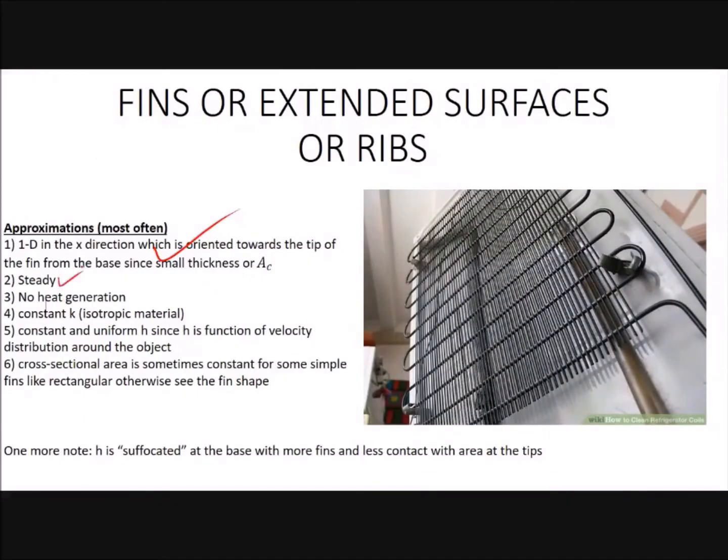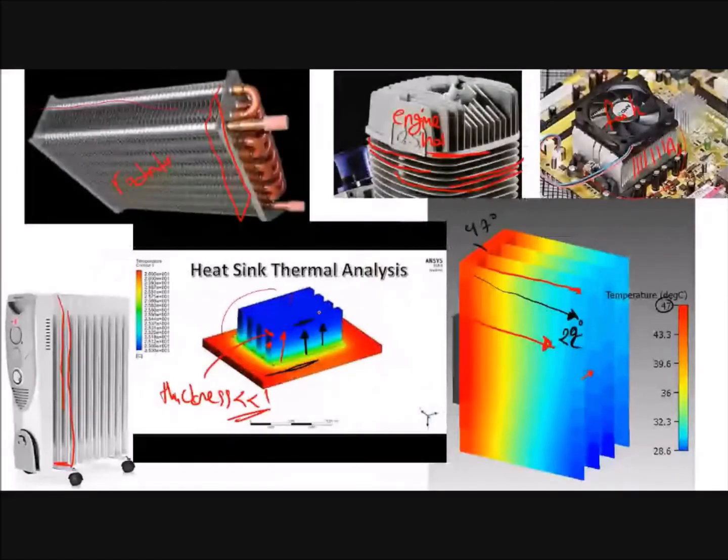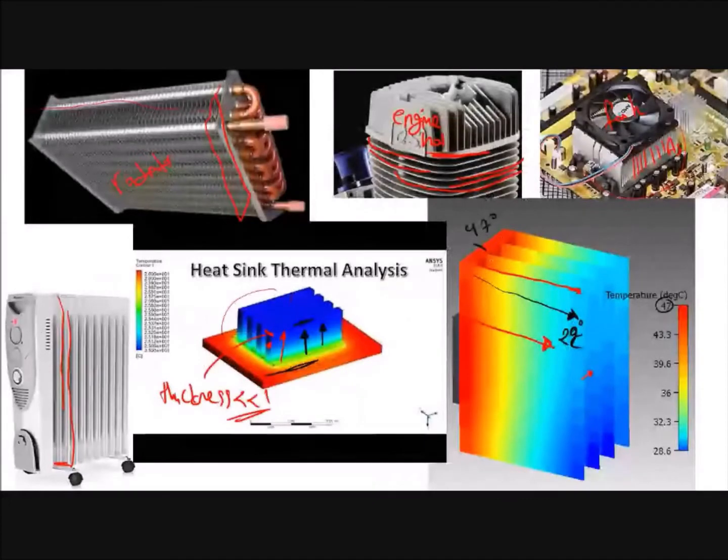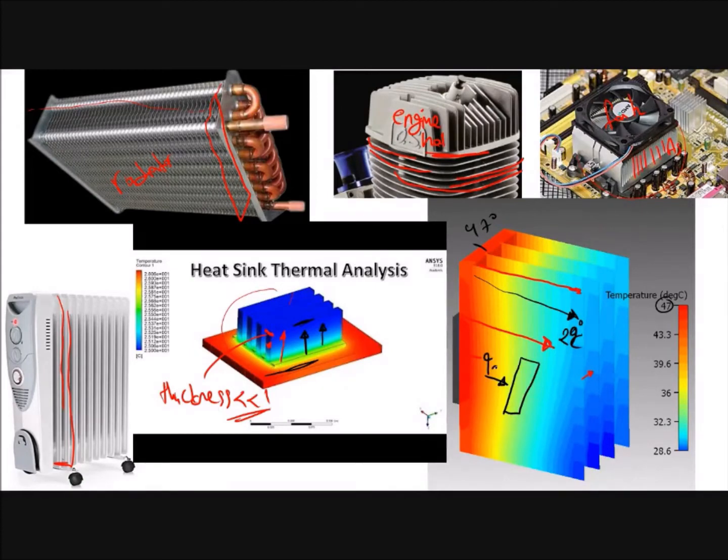Another one is steady. Steady means that you don't have any heat generation. It is also included in the third option. You don't have any heat generation or depletion. In other words, if you take a small volume here, you have some heat transfer into the volume by conduction, Qcd.